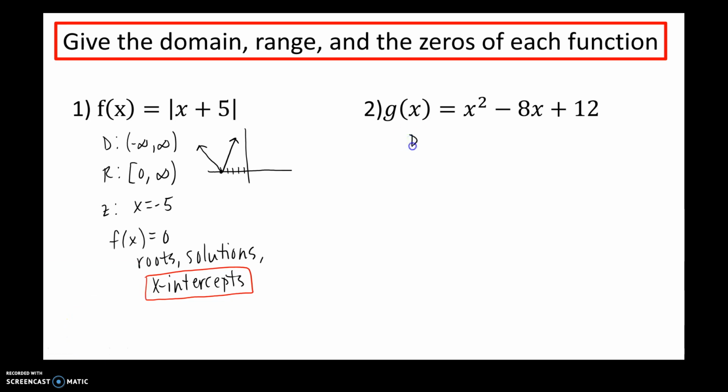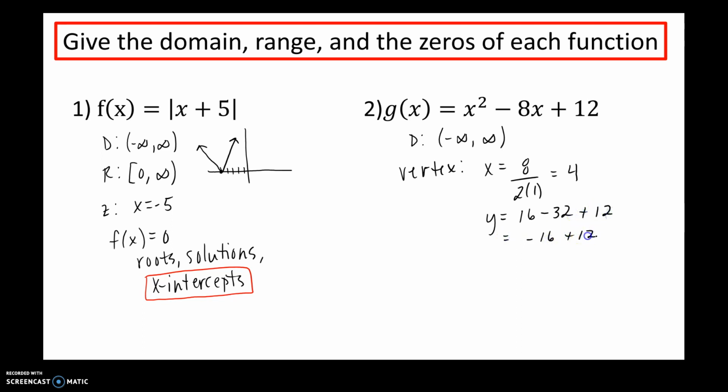Okay, here's my quadratic. Domain of a quadratic is all real numbers, always. The range depends on the vertex. So the x-coordinate of the vertex is the opposite of b over 2a. So my x-coordinate is 4. I need the y value, so that gives me 16 minus 32 plus 12. -16 plus 12.